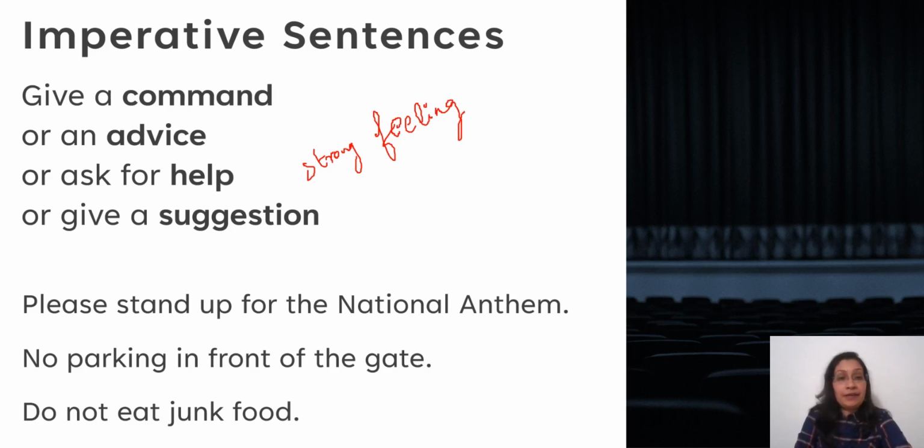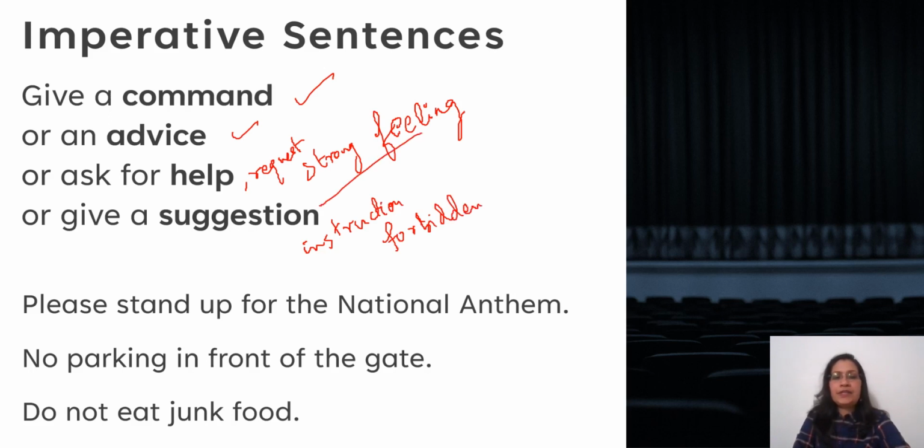It can give a command, it can be an advice, it can be some kind of a help or a request, it can be a suggestion, it can be an instruction, or it can also be a forbidden sentence. So imperative sentences express some kind of a strong feeling.